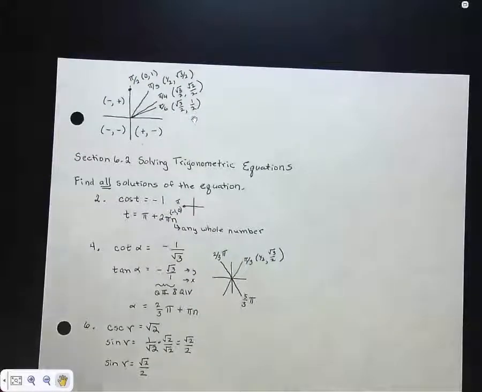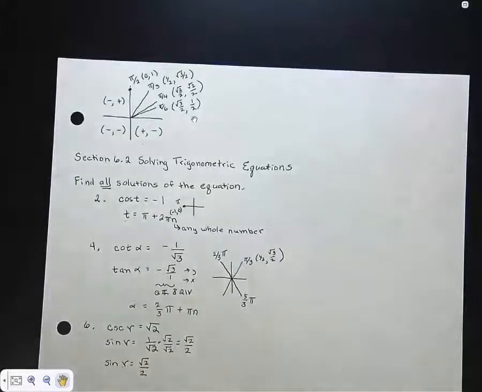Now, how many times in one revolution of the unit circle is sine of an angle positive square root of 2 over 2? This is difficult enough to do and write and talk at the same time.